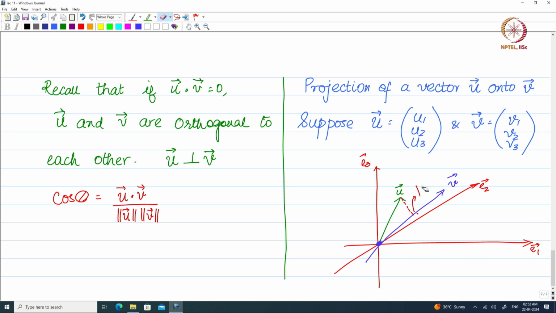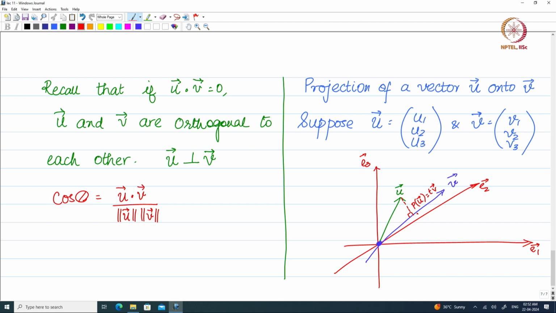So, let me write this properly. We are going to have p of u, the projection of vector u along the direction of v, to be a multiple of this vector v.